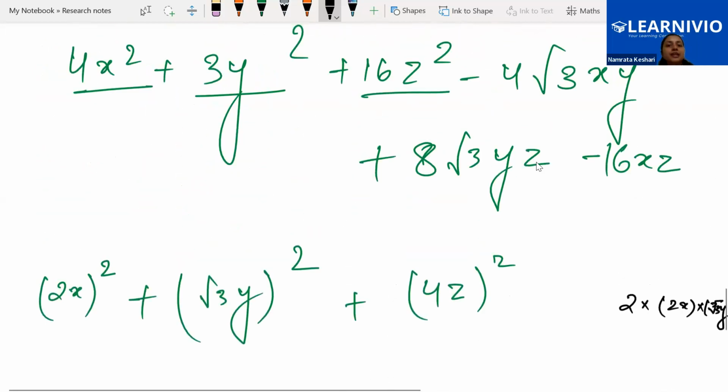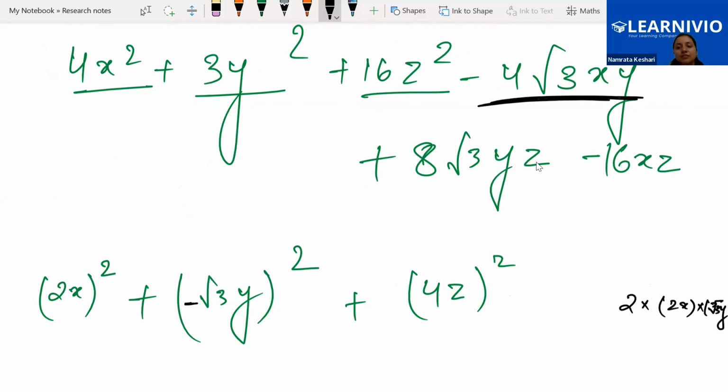Now the only confusion left is the sign, plus sign or minus sign. Here, the product of the first two terms is negative, so the chances are any one is negative over here. You can take the first term as negative, or maybe the second term as negative. Suppose this time I have taken the second term as negative.